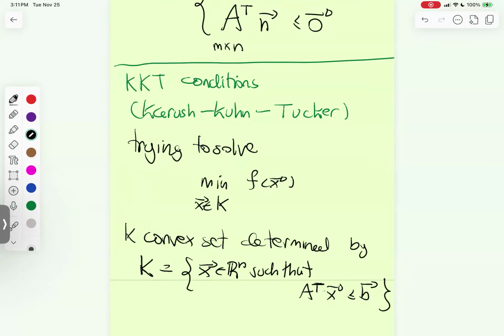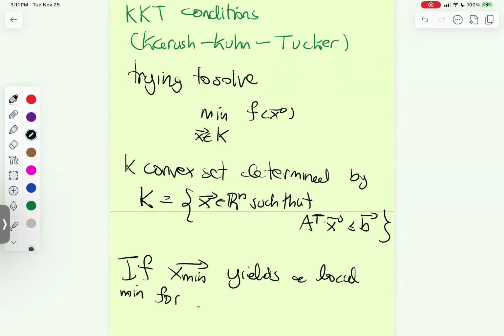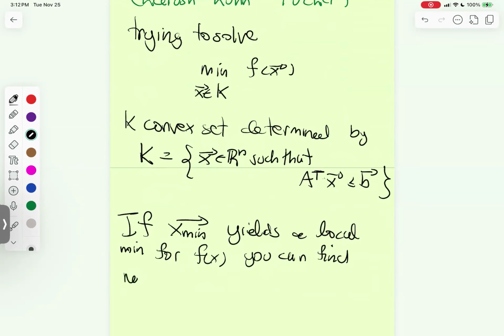So what it says is that if X yields a local minimum for the function, then you can find numbers lambda 1, lambda 2, up to lambda n, so these are going to be like Lagrange multipliers. That's why I'm calling them lambda, which are all non-negative.